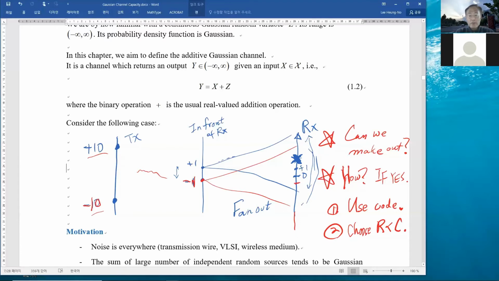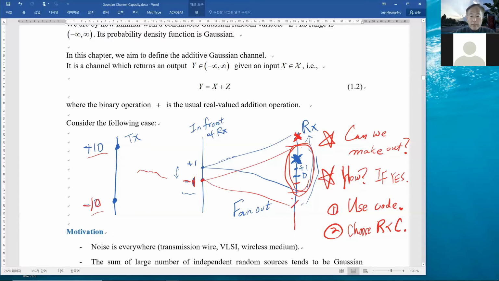But there is a probability of error, because -1 could have been sent, and because it is within this fan, this symbol is possible to be the sample value at the receiver circuitry. So in such a case, it is an error. So this region right here is a region of confusion. If you have received this one, you could clearly say, okay, because this is outside of the confusion region, this is the positive symbol sent.